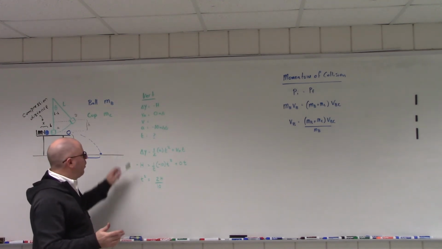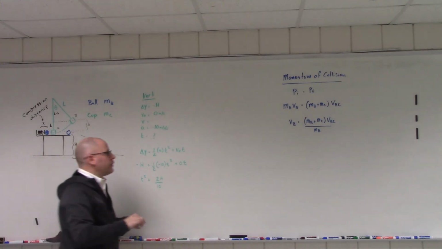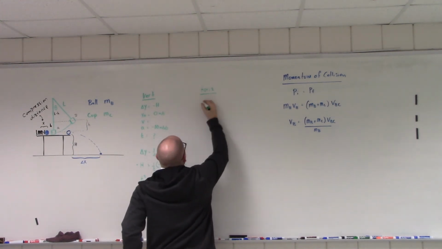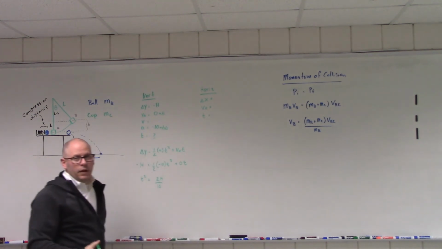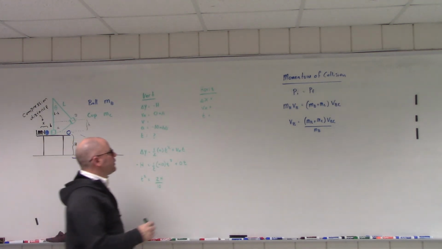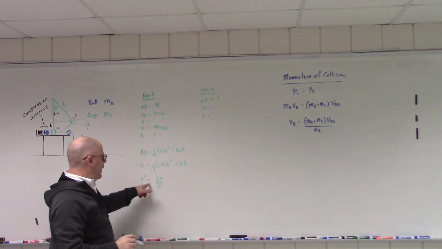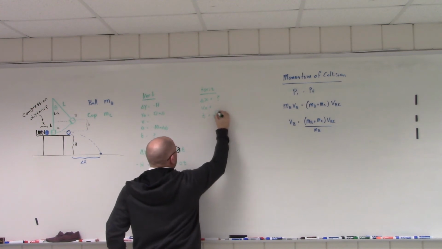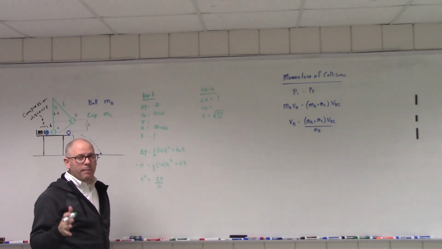Then the question is, what if we actually want to know how far it went? Then we have to consider the horizontal direction. These are our 3 variables for the horizontal direction. This is what we're solving for. The t comes from down here. And this is how the problem all links together.